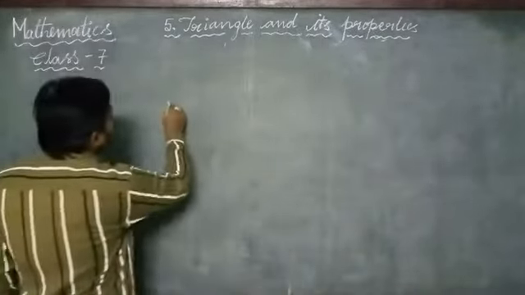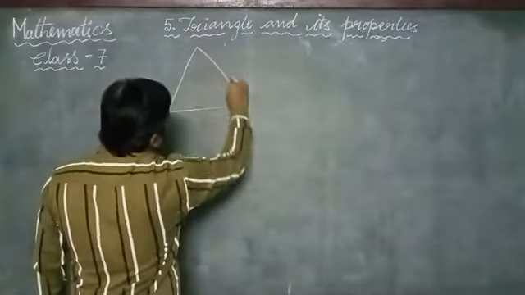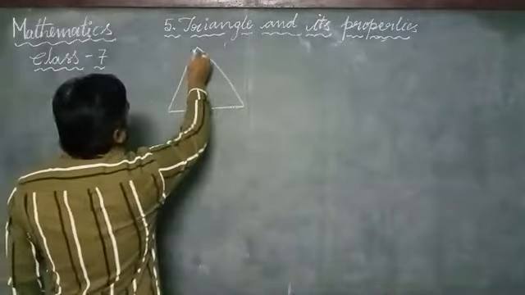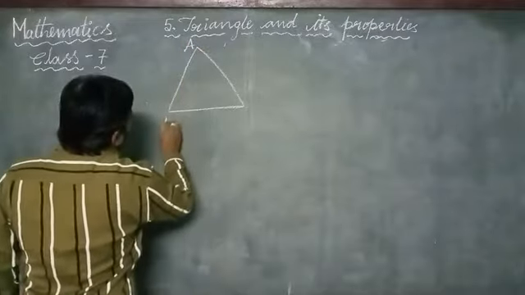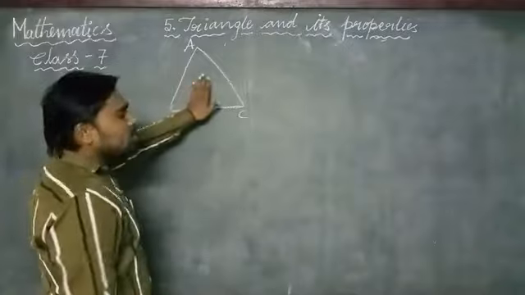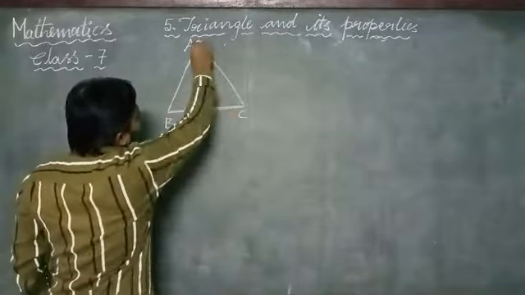This is the triangle. We have to name the line segments A, B, C. In this enclosed figure, enclosed means completely closed figure.